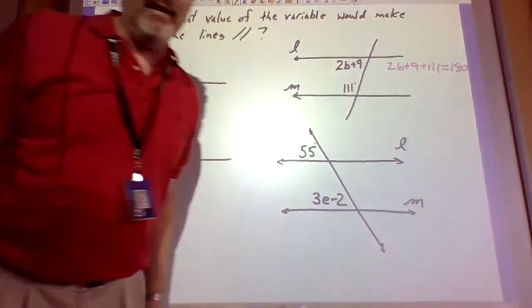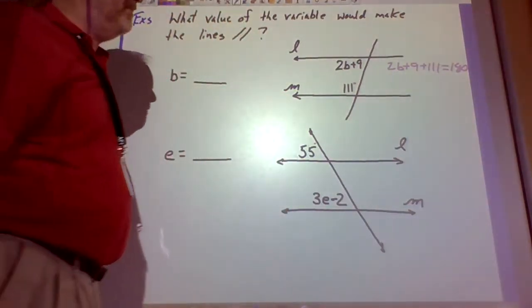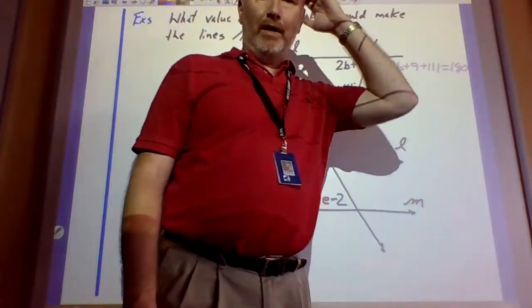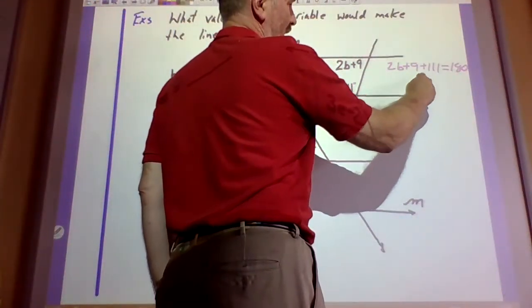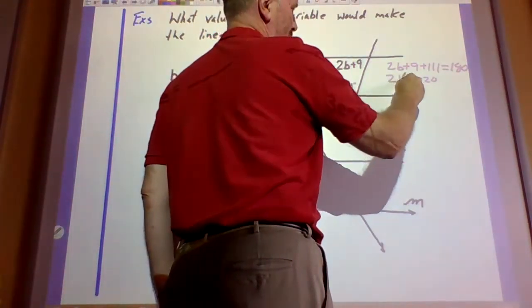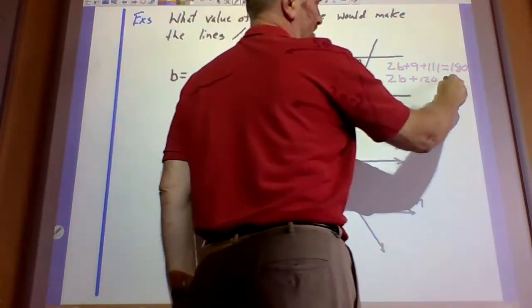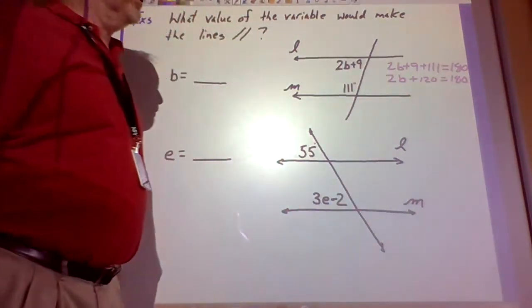Can you all see that? That's light pink color. I can see it on my screen, so hopefully you can. And now the rest is Algebra 1. So let's go ahead and knock that out. I've got a 9 and 111. That'd be 120. And the 2b, trying to make my b's look like b's and not 6, equals 180. And then I think everybody knows what to do at this point.